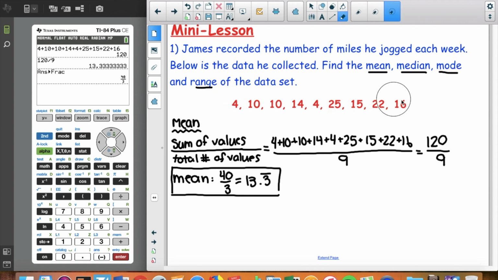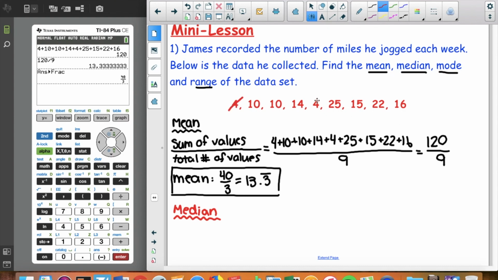Okay, now let's find our median. So to find our median, the first thing you have to do is list your values from least to greatest. So that's what I'm going to do first. The smallest value here is 4.